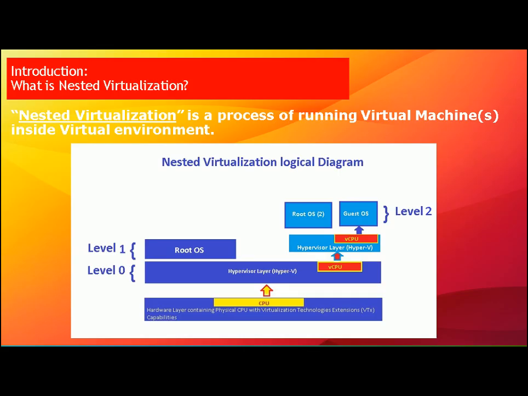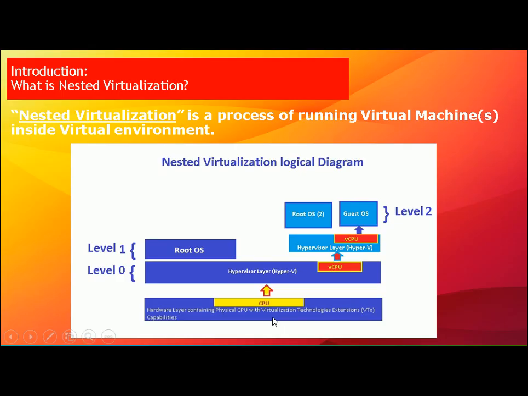So in this diagram, as we can see, the bottom layer is your hardware layer. That means the real physical machine layer, containing your real physical CPU with virtualization technology extensions, VT-x capability.